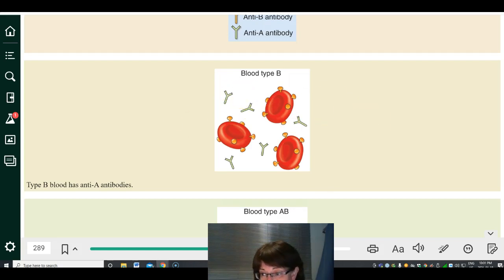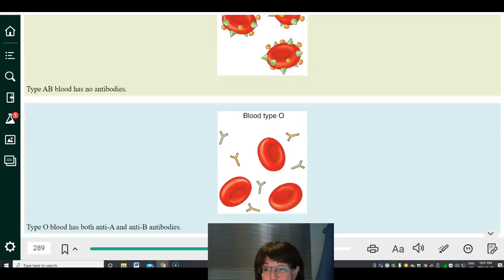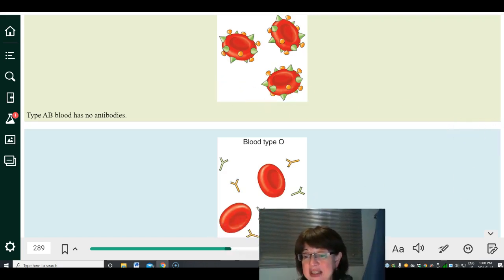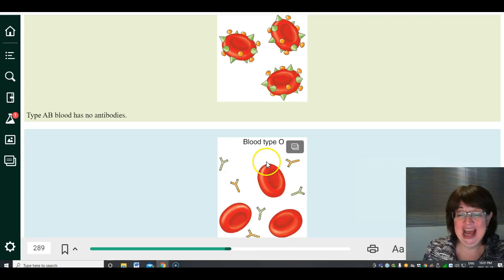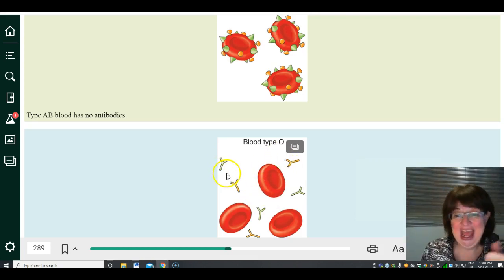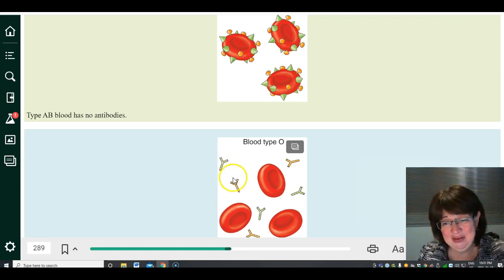So, if those two are mixed, there'd be a problem. Then, AB blood has both A and B antigens and no antibodies, so it can't attack anything. Then, O blood has no antigens and it has both A and B antibodies. I don't know if you can tell these are different colors. There's green and yellow.